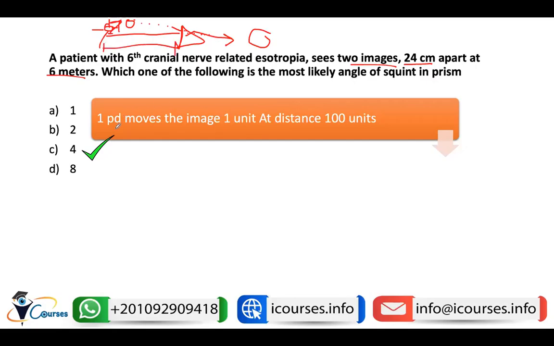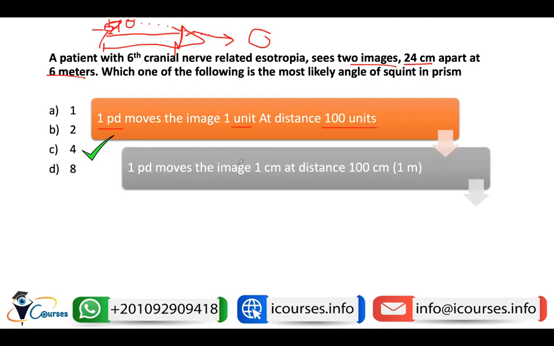So again, a prism diopter moves the image 1 unit at a distance of 100 units. One prism diopter will move the image 1 centimeter at a distance of 100 centimeters. So what happens if this 100 centimeters, this 1 meter, becomes 6 meters?